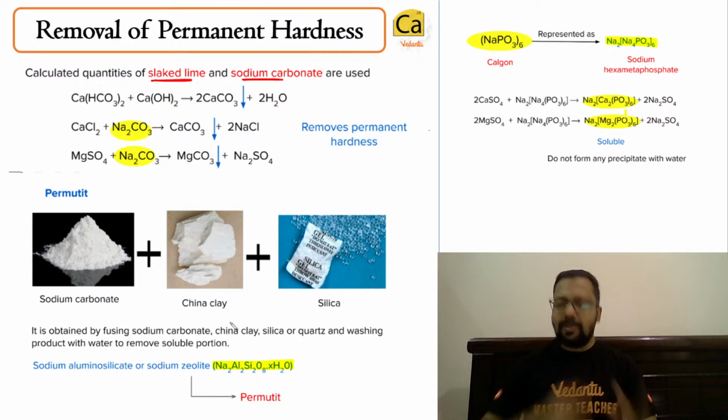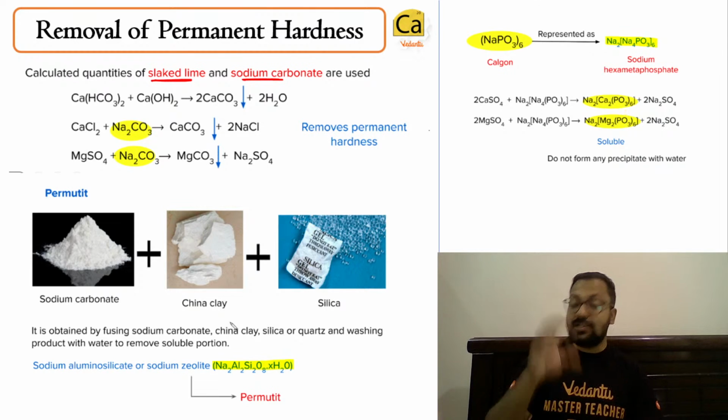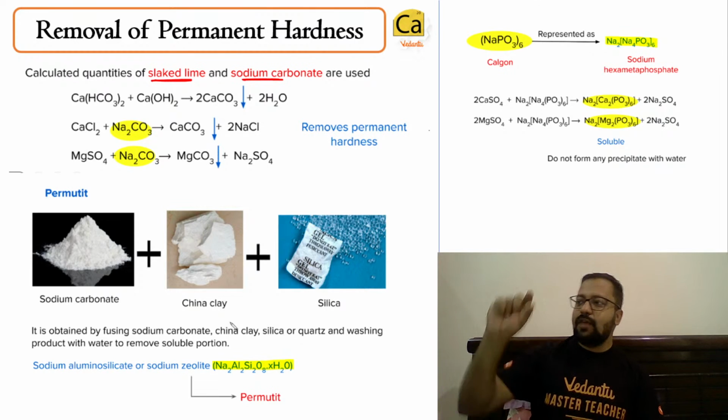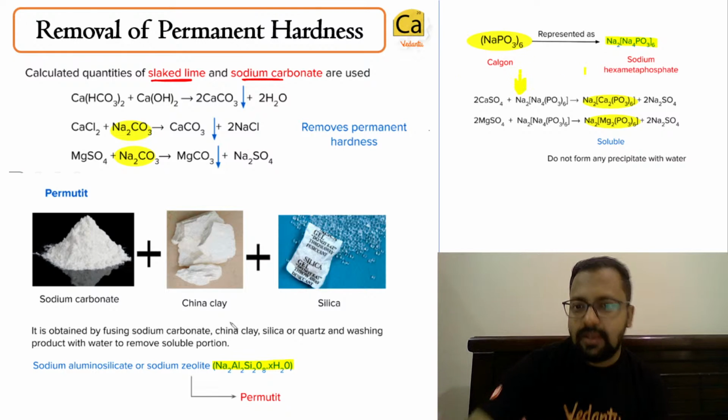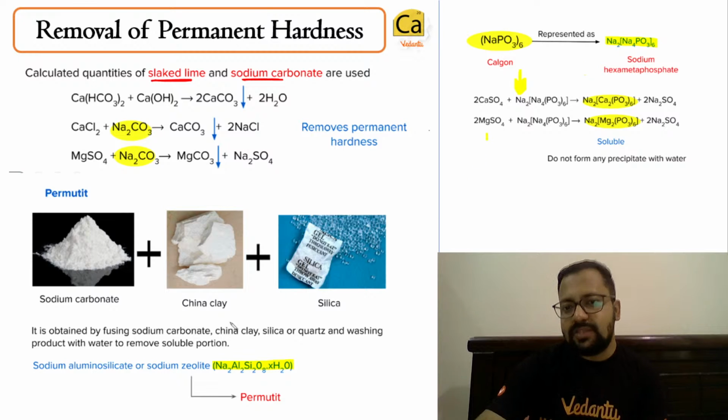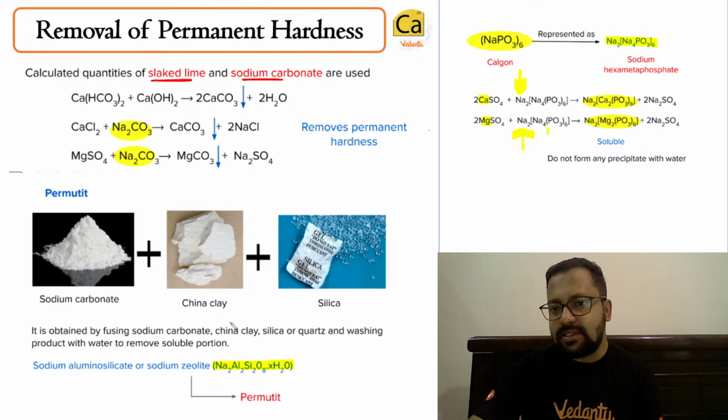Now sodium hexametaphosphate is also exchanging ions. The sodium ion present outside this one is being exchanged for calcium. This sodium ion is exchanged for magnesium.